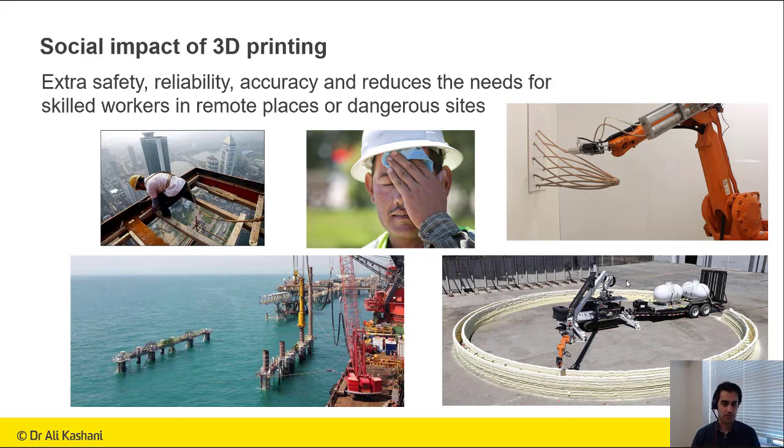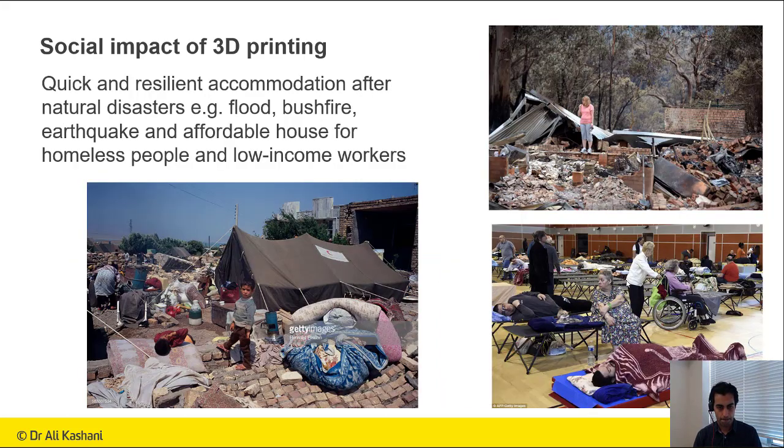It's not safe, and it reduces the accuracy, and it increases the risk. So using robots in those areas can help reduce the risk. And also in some remote places, there is a lack of skilled workers. So using robots can provide that advantage in terms of construction.